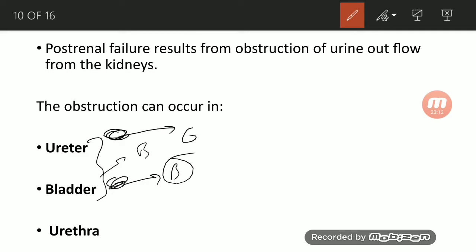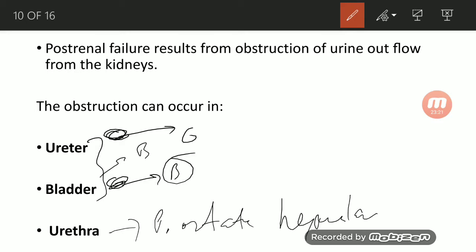Whereas prostate hyperplasia can lead to obstruction as well. So three structures: ureter, bladder, and urethra.